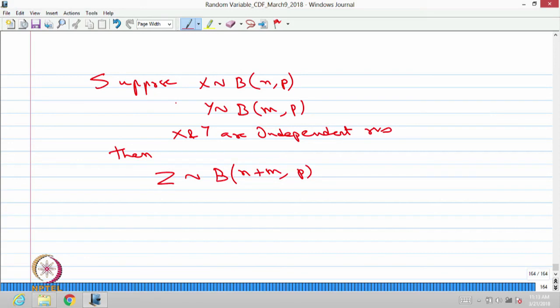That means if you have two independent binomial random variables with different n and m, whereas the probability of success in each Bernoulli trial p is the same for both the random variables, then the sum is also going to be a binomial distribution with the parameters sum of those first parameters comma the second parameter is p.